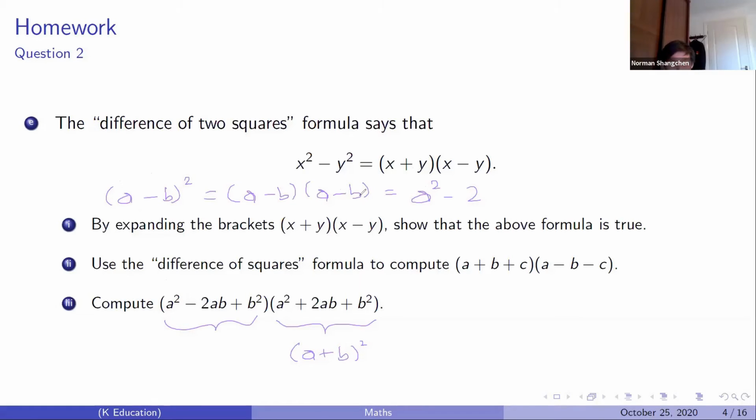So you do a squared times ab, minus ab again. Then it's plus b, minus b. So it's a minus b times a minus b.